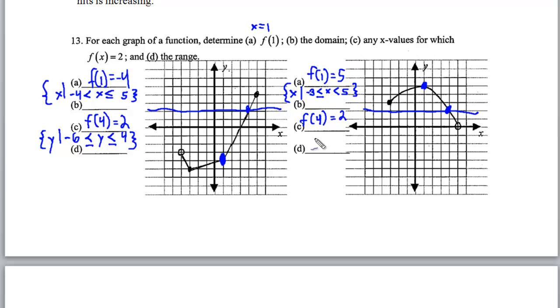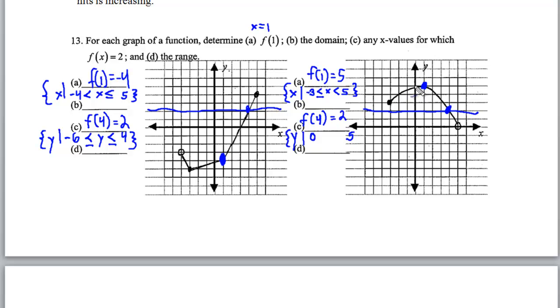And finally, we're going to go to my y value here, my y, such that, let's look at the lowest spot on my chart here. My lowest spot is going to be right there at that open circle. So that lowest spot on my y value is 0. So y is going to go from 0 all the way to its highest spot, which is at that dot there at 5. That's my range.